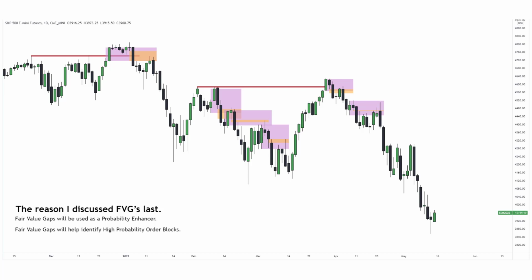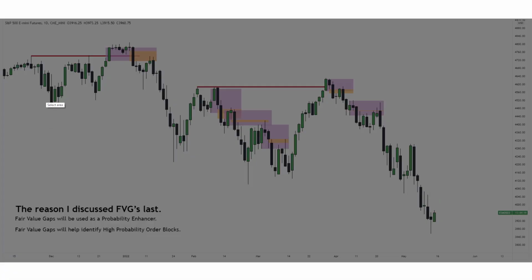Now, picture that in with parent order flow and institutional sponsorship. If you see an order block with a fair value gap, that is a key level.